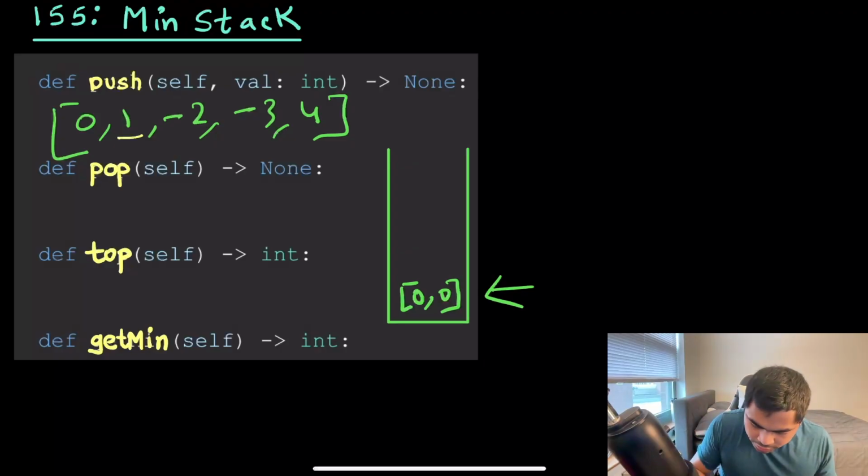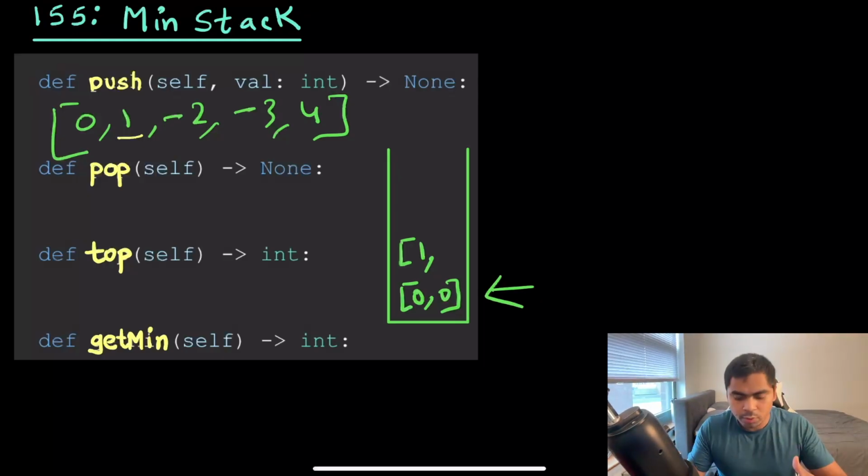When I'm pushing the next value, I'll push 1, but then I'll also calculate what my current minimum is right now, so that getMin can retrieve that value in big O of one time complexity.